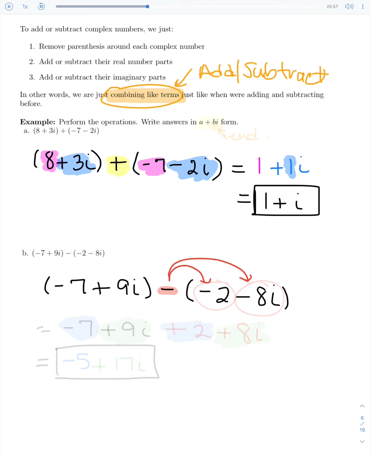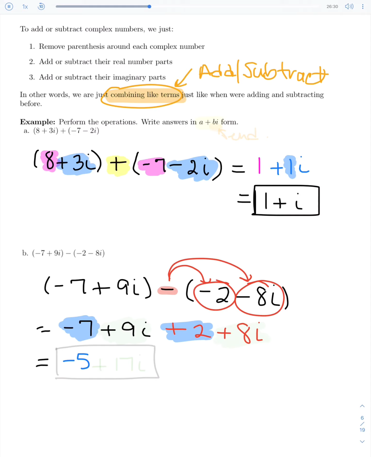It throws a little bit of a hiccup by making sure that we distribute the minus sign to everything that comes after it. So the first things, the negative 7 and the positive 9i, will stay the same, but distributing that minus sign will actually turn my negative 2 into a positive 2 and my negative 8i into a positive 8i. But then once I do that, I can just combine like terms normally and realize I've got a negative 7 added to a positive 2, which will get us a negative 5 to start out.